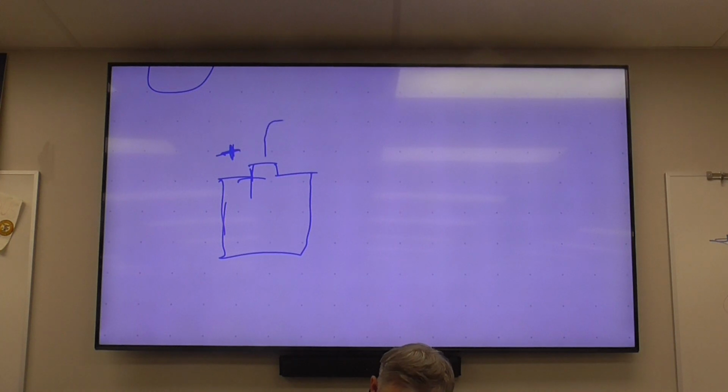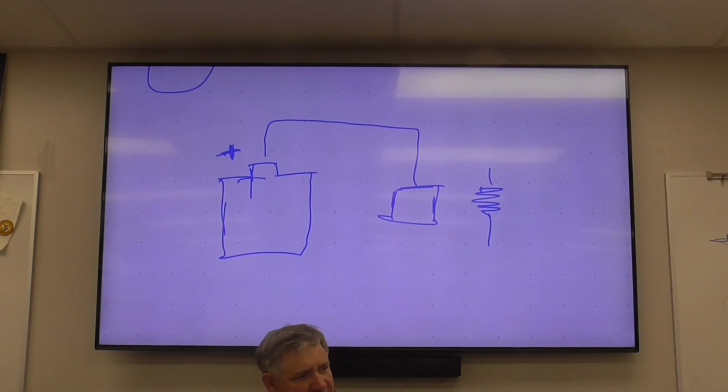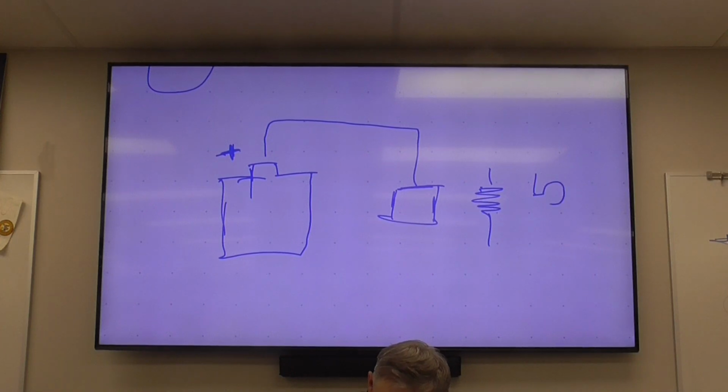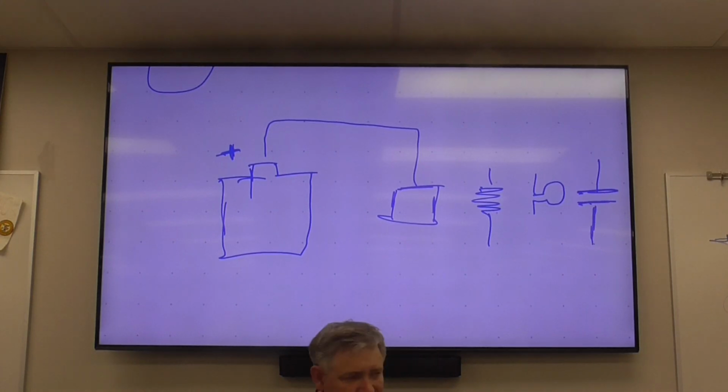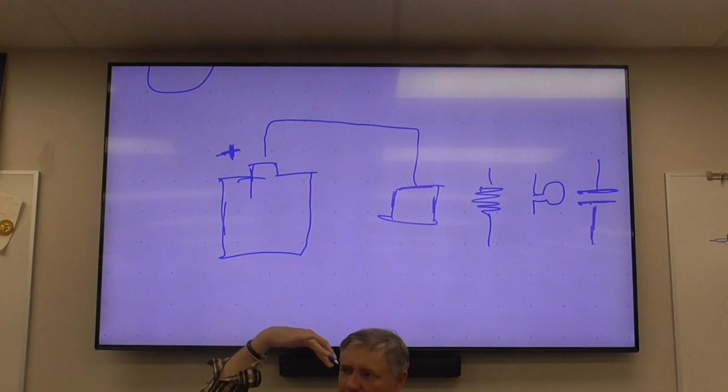Then it goes out and hits a resistor. A lot of times with symbols, if you see something like that, that means a resistor. If it's a light bulb, it might be drawn like that. If it's a capacitor, it would typically be drawn like that, with a gap to show the two plates of a capacitor.